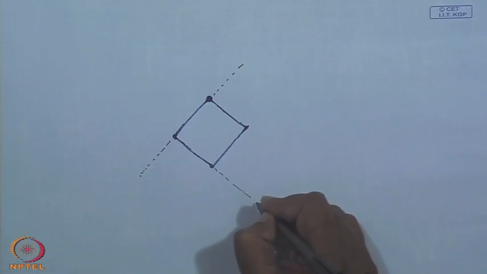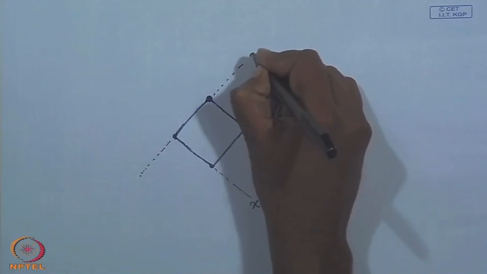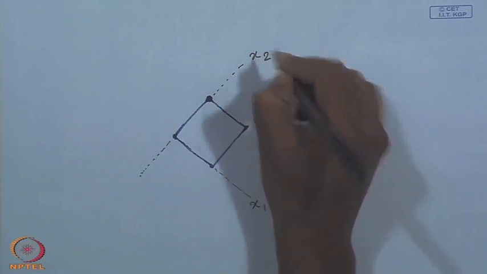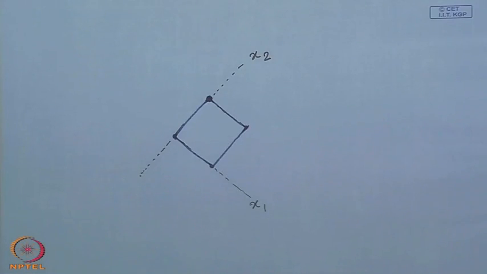One of the dimensions I call x1, and the other dimension I call x2. So, I have a 2-dimensional space, and in it I have a rectangle, or even a square, which is defined in a 2-dimensional space.